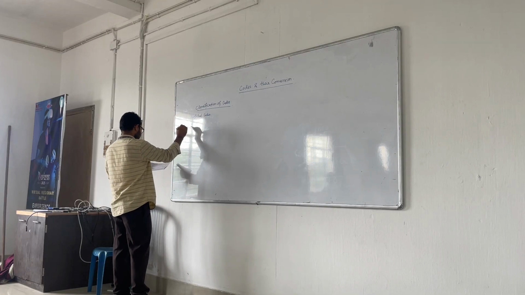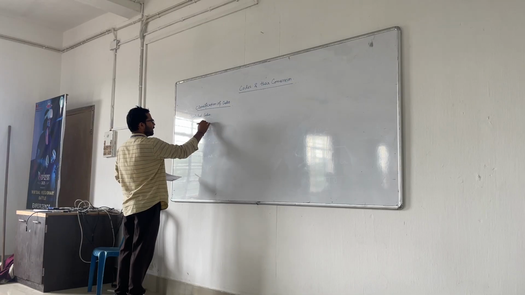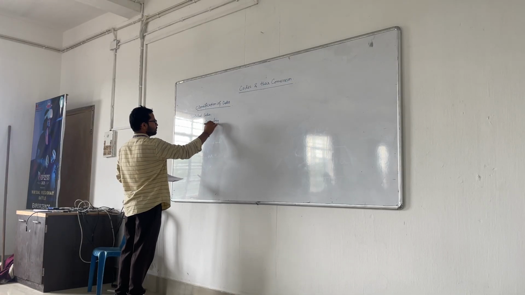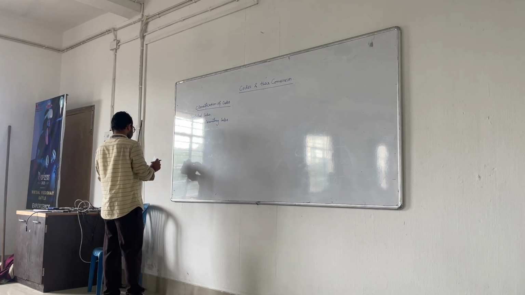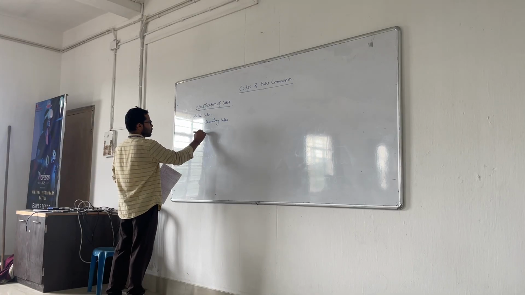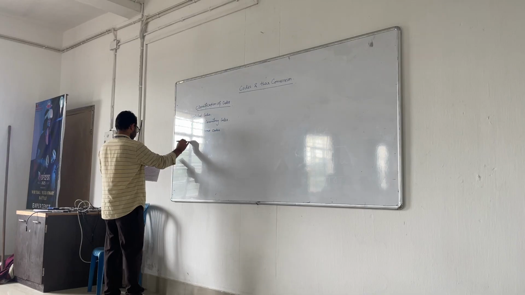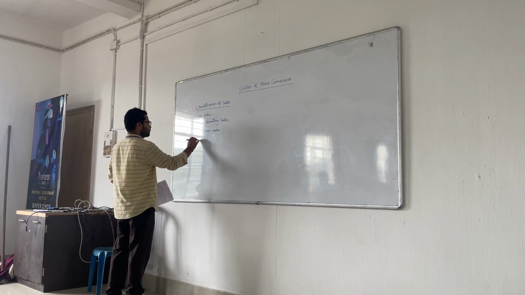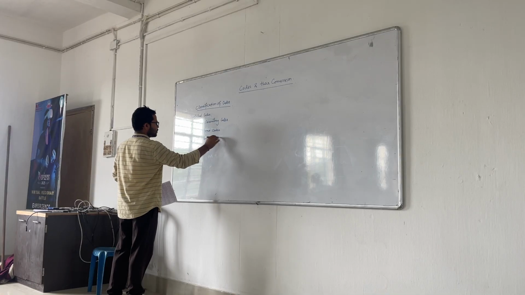Number 2, self-complementary codes. Number 3, unit distance code. Number 4, alphanumeric codes.